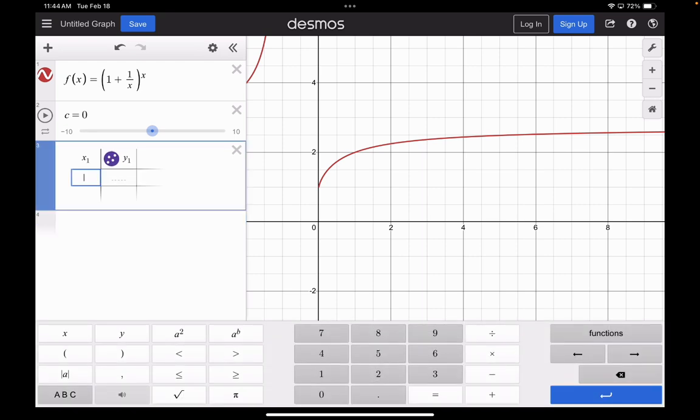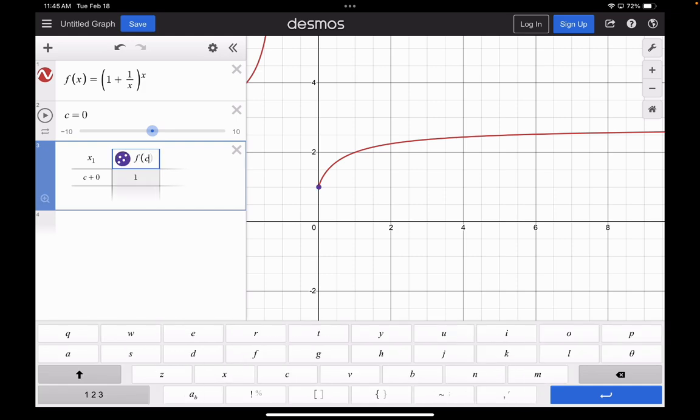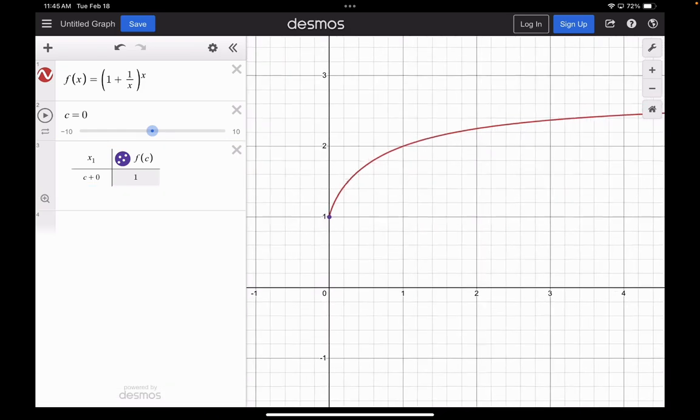And then for my table, I'm going to say c plus 0, and then this will be f of c. So you see that added that dot.